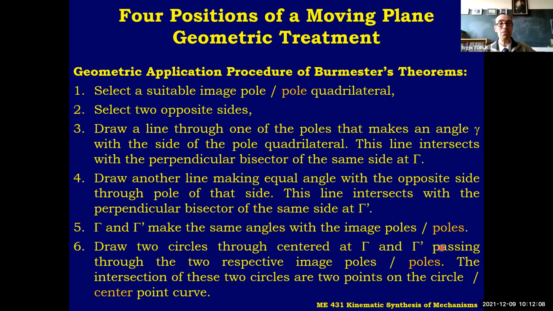So the graphical construction procedure is very simple, and actually the two points you are going to obtain are two candidates for, if you like, A's, if you use image poles, or if you use the poles themselves, they are the candidates for the center points.